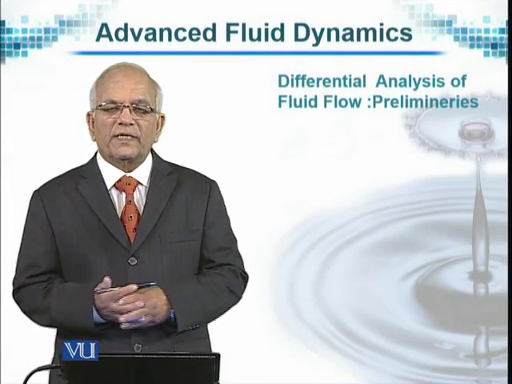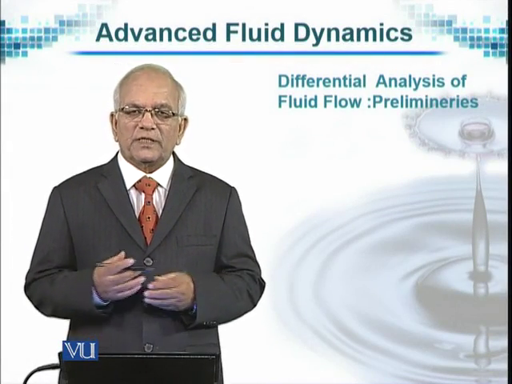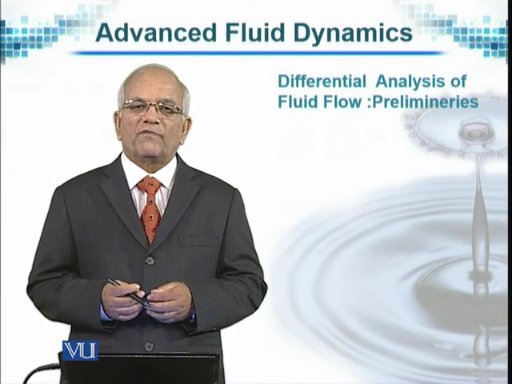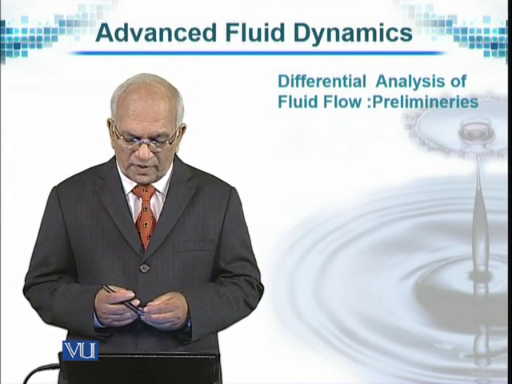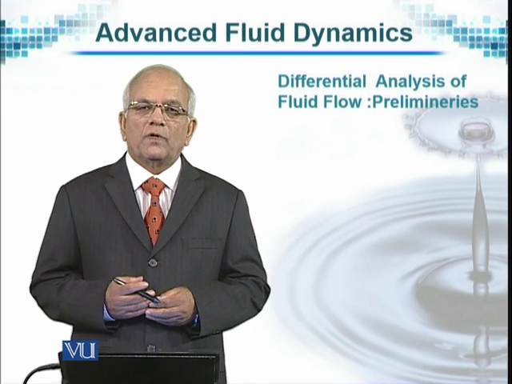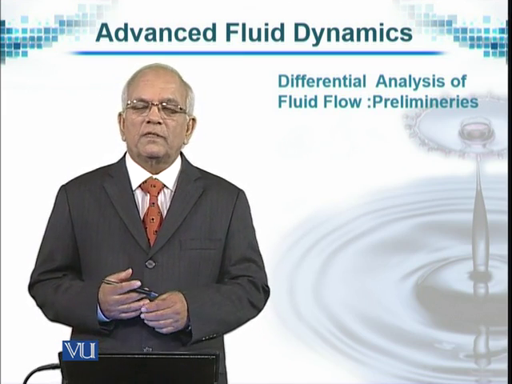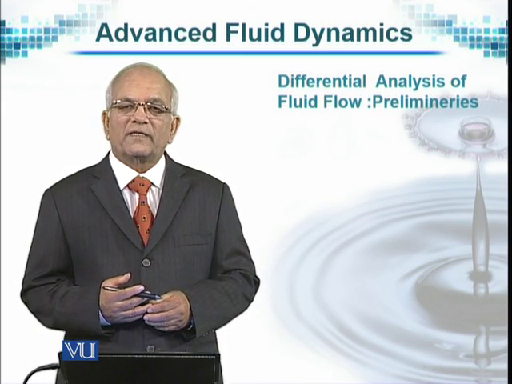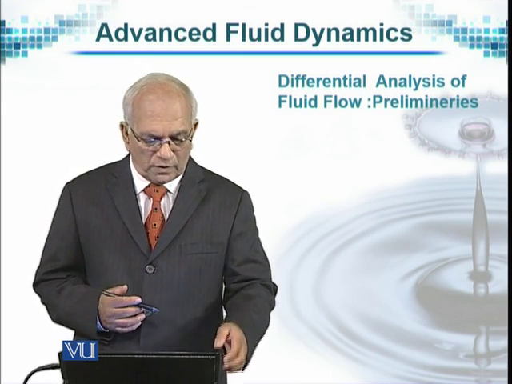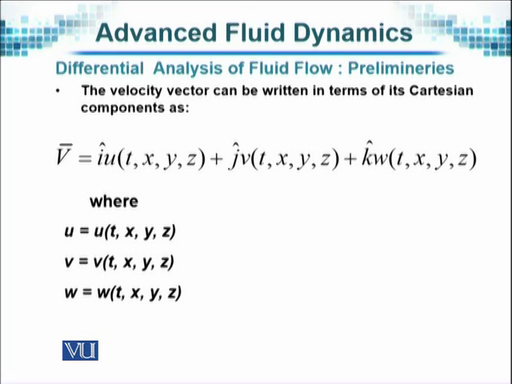We were considering infinitesimal changes in a small volume element of a typical fluid flow so as to develop the required equation, and in this case we are trying to develop the continuity equation. For this, let us assume that the fluid particle is moving with the velocity v, and as you are aware, velocity is a vector.